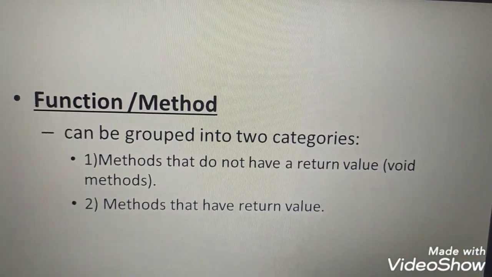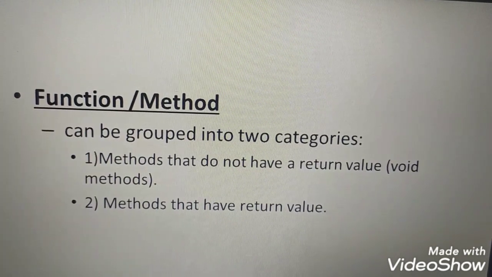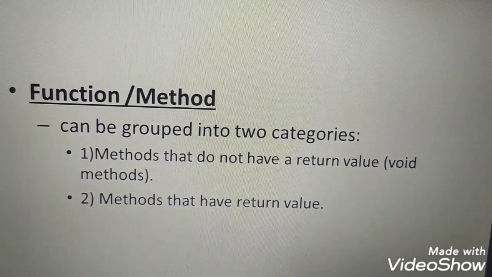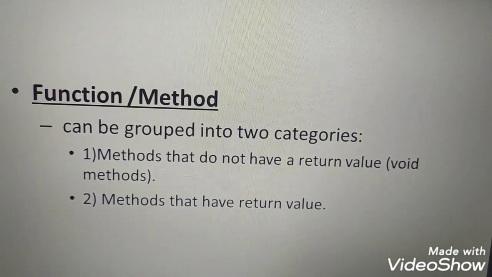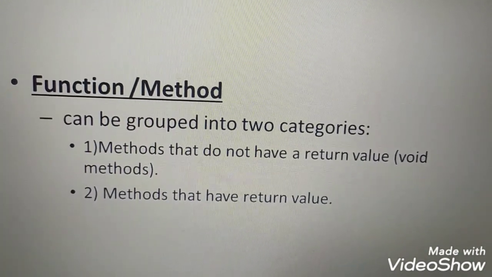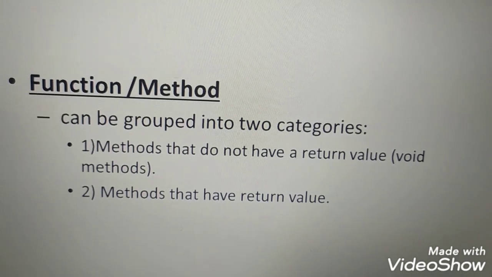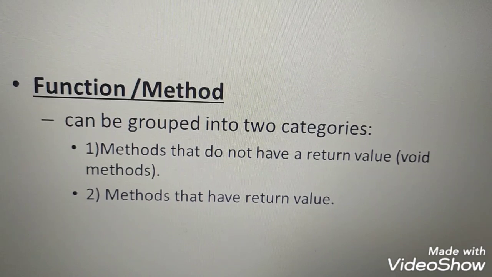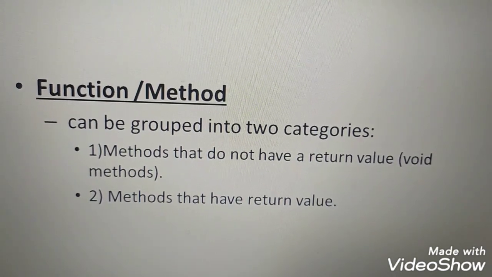Next, we discussed that functions are divided into two categories, with return value and without return value. In this session we discussed without return value, that is the void method, and it is also a static method, because we call or invoke the method without creating an object of the class.